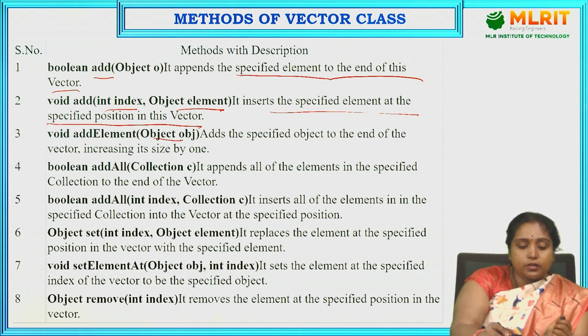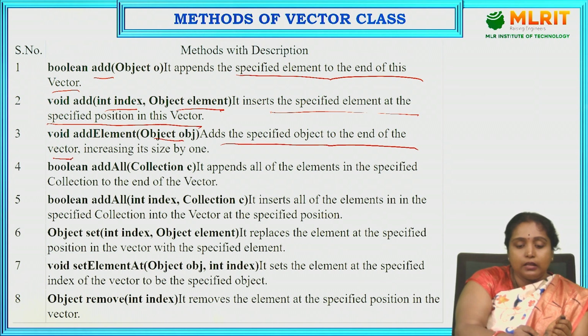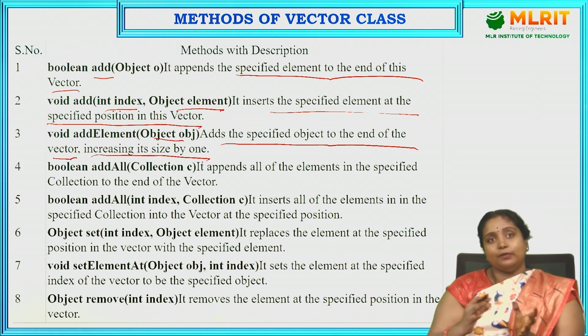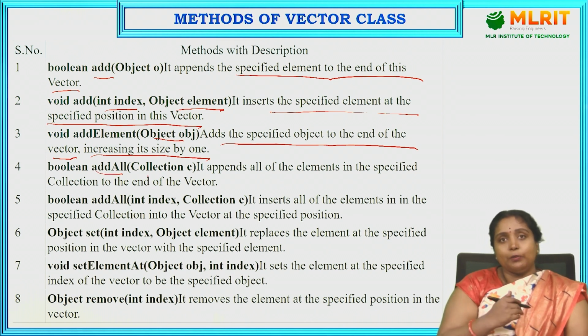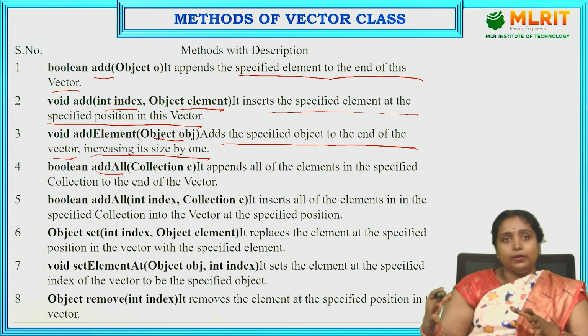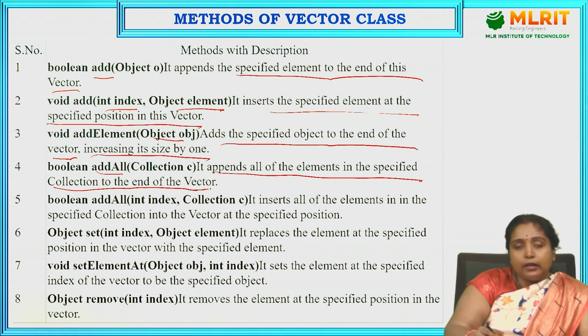And addElement(object) adds the specified object to the end of the vector, increasing the size by 1. Then addAll as a method: you provide the collection of elements and it will append all the elements in the specified collection to the end of that vector.